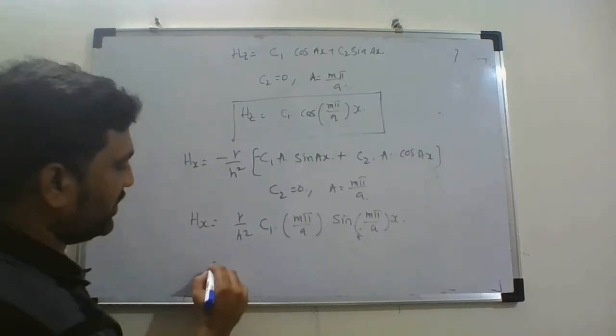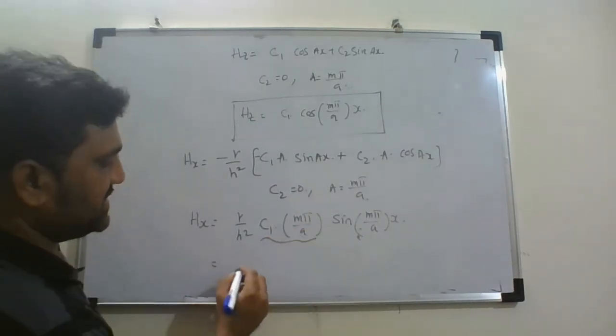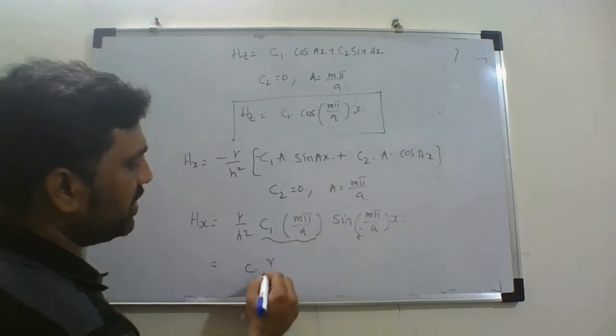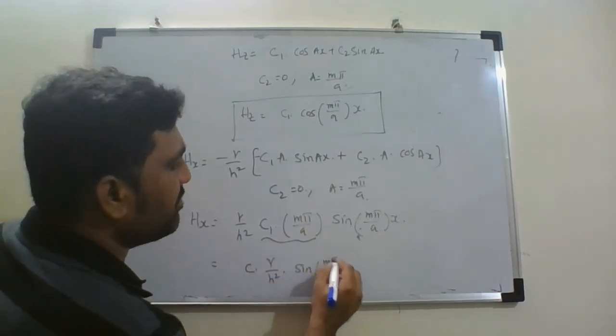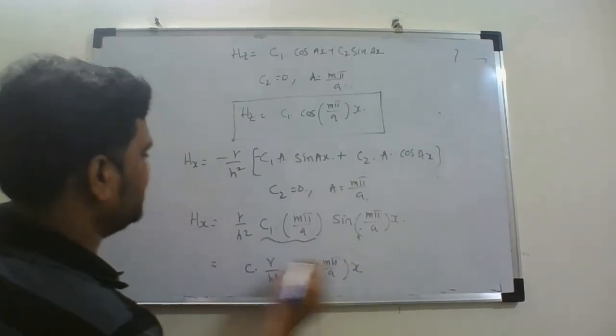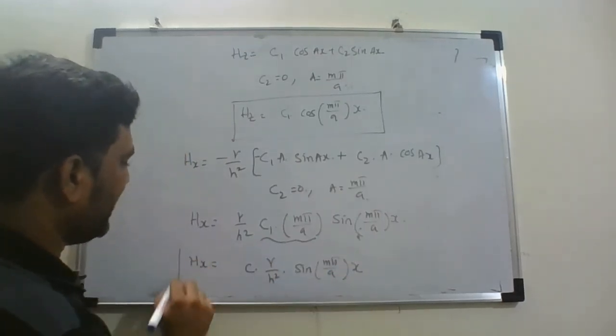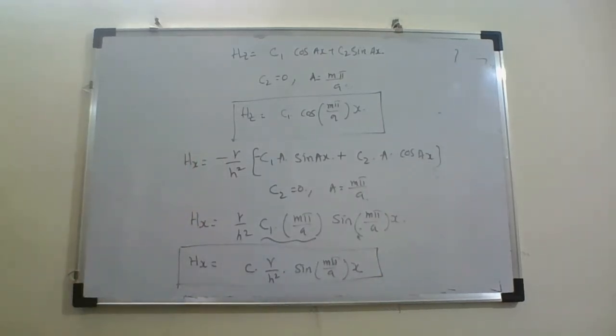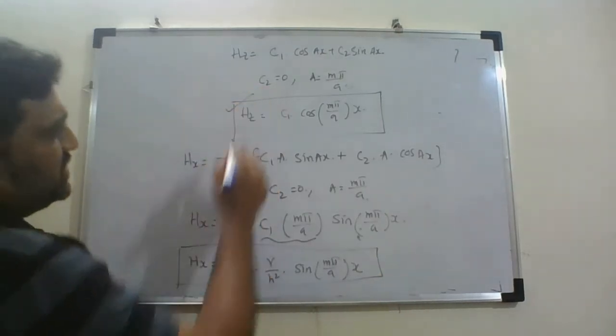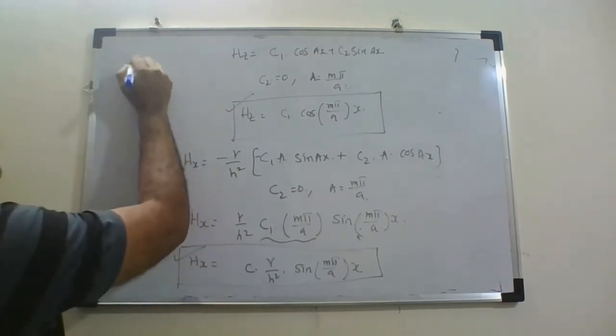So again we can take this as C, so C into gamma by h square into sine of m pi by a into x. So this is the simplified expression for Hx. Okay, we got Hz, we got Hx, and we got Ey.